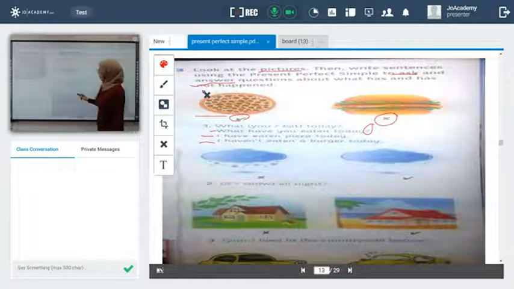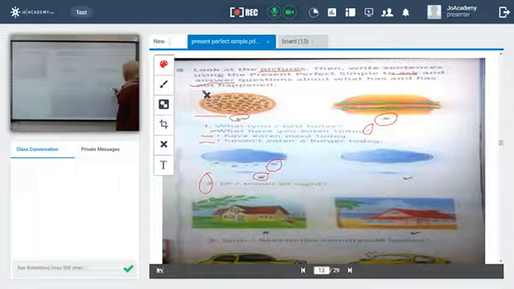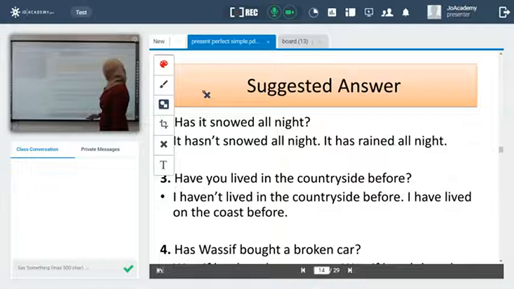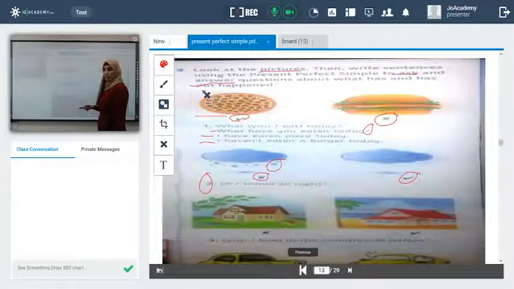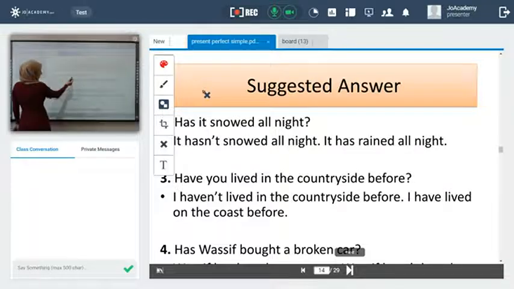Now let's look at number 2. We have clouds and rain or snow, but we have a cross, so it's going to be a negative one. And here we have a tick. So this is what? Rain. Can you first, before seeing the answer, do it by yourself? Try. Okay. Let's see now. Has it snowed all night?